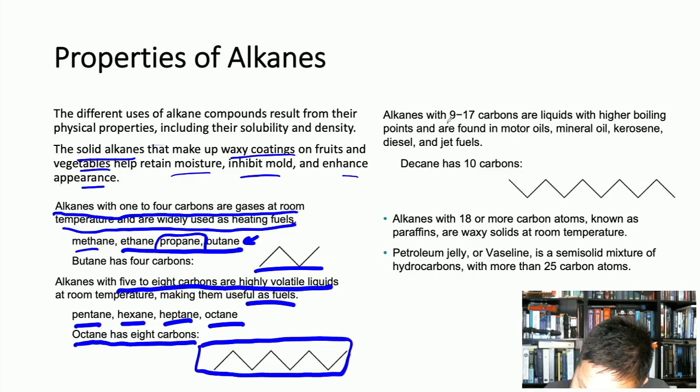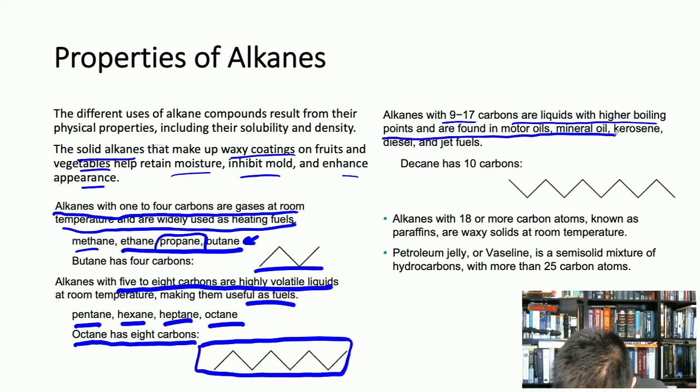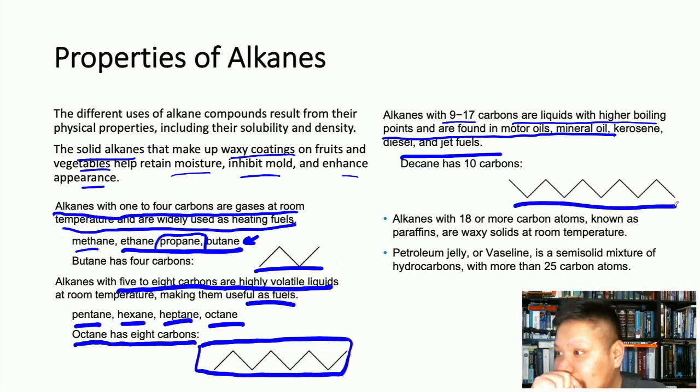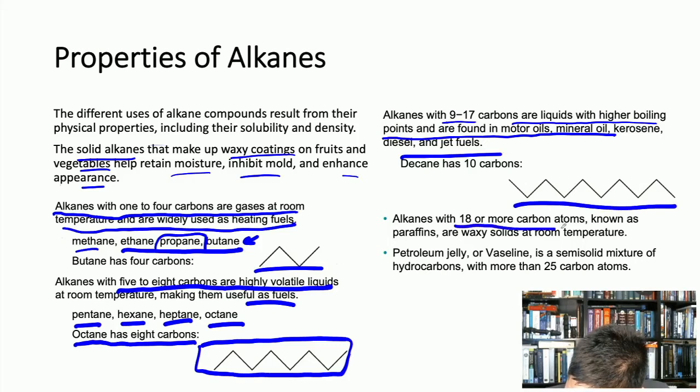Alkanes with 9 to 17 carbons are also liquid with higher boiling points. And they're found in motor oils, mineral oil, kerosene, diesel fuel, and jet fuels, right? So decane there, of course, has 10 carbons, right? Alkanes with 18 or more carbons are known as paraffins. They're waxy solids at room temperature, right?